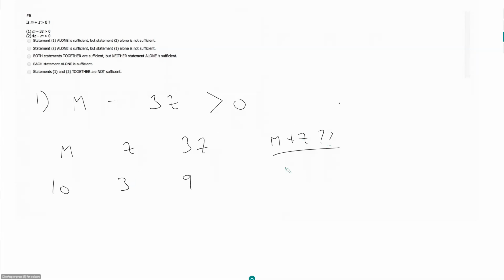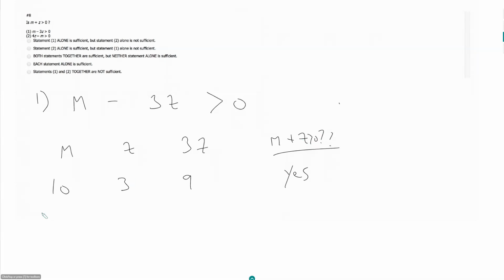So what would m plus z be? Or I should say, is m plus z greater than 0? So 13, so that would be a yes. So now I'm trying to get a no. Can I make m plus z less than 0?